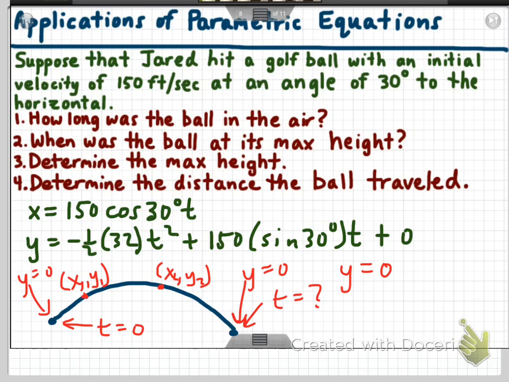In other words, the y coordinate of the point where the ball starts is 0, and if we figure out the t when the y is 0 over here, then we know how long the ball is in the air. Okay, I guess I could pick this up on the next slide.